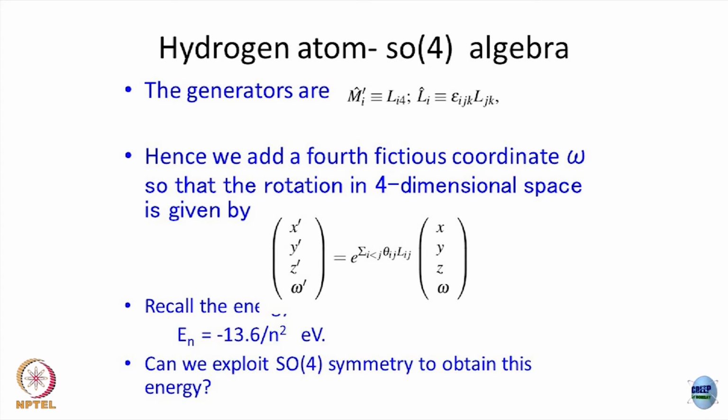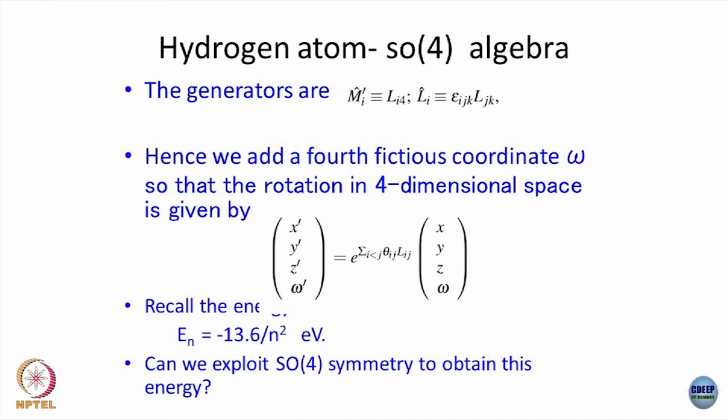What does this tell us? I told you that SO4, the 4 refers to the 4 spatial dimensions, an abstract 4 dimensional space where we do rotations, which gives you generators which are going to belong to the SO4 algebra.